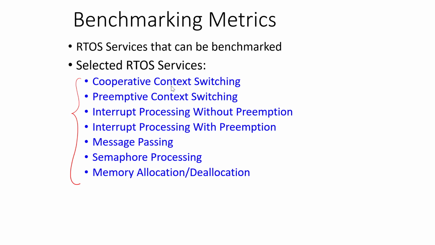One is the context switching time in different kinds of scenarios: a non-preemptive setup, also called a cooperative setup, preemptive context switching, interrupt processing with and without preemption, message passing, mainly between different processes on the same hardware, semaphore processing, and memory allocation and deallocation. Mind you, the rest all was there in the Rhealstone metric. This was not there. This is new.